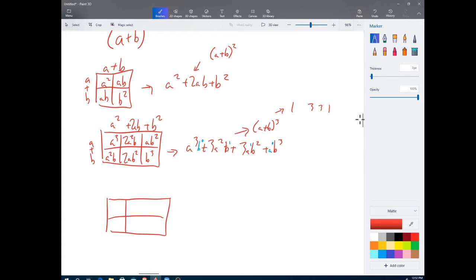So now I've got a cubed plus 3a squared b plus 3ab squared plus b cubed.